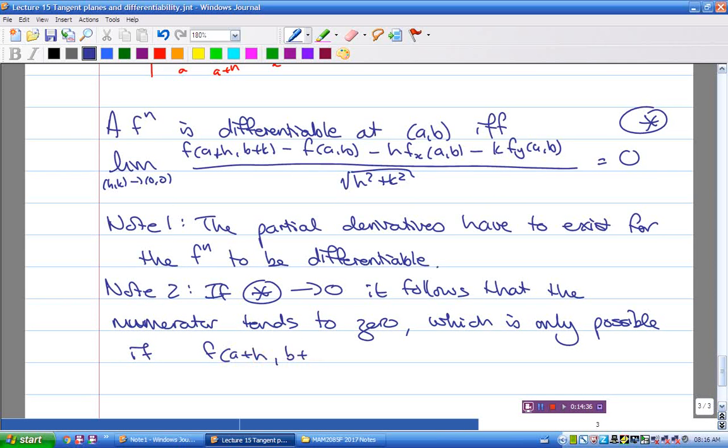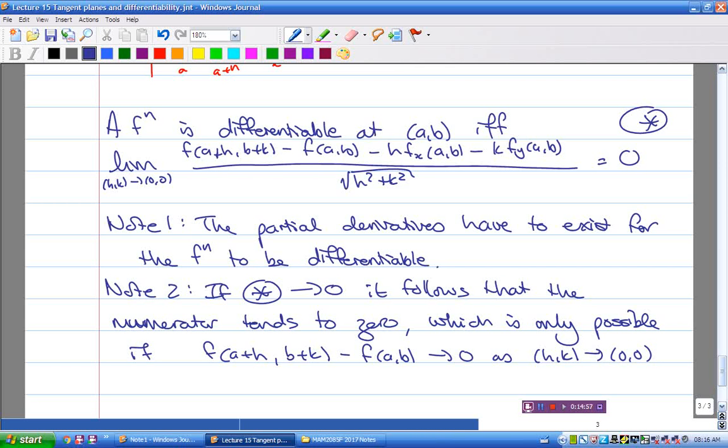the first term minus the second term has to tend to 0 as (h, k) tends to (0, 0). Because h and k tending to 0 are going to deal with the third and fourth terms in the numerator tending to 0.